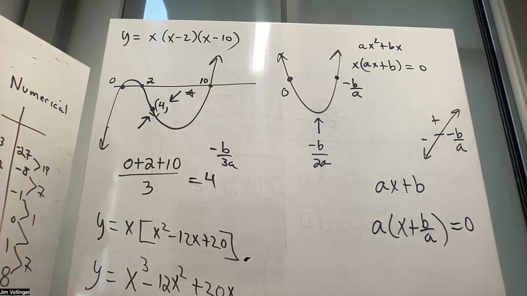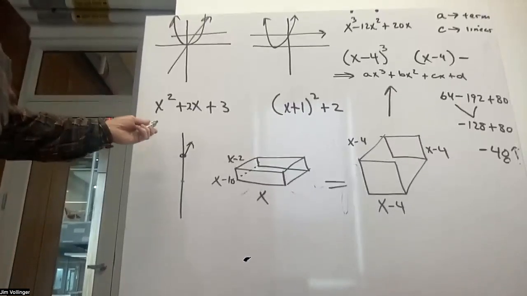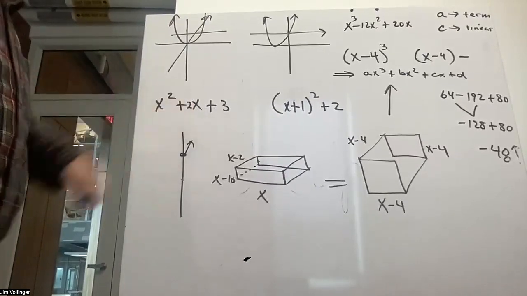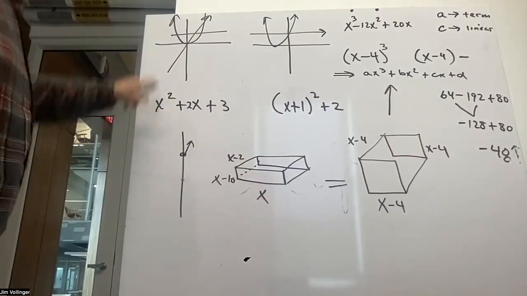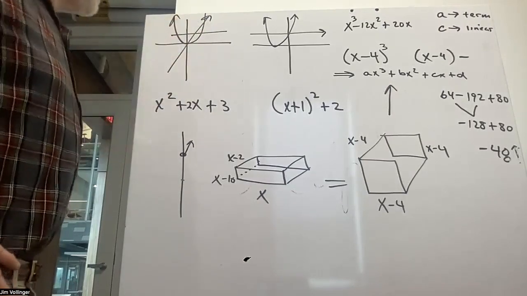We're going to, all right, in this video, we're going to. But if you look at it from a graphical standpoint, let's take a quadratic, x squared plus 2x plus 3. Well, that's 3 graphs, x squared, 2x, and 3.